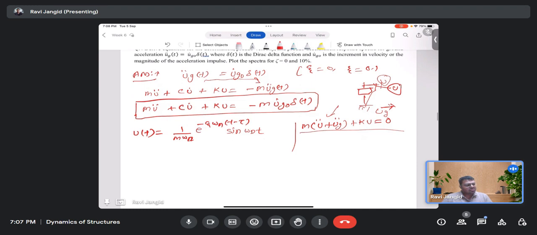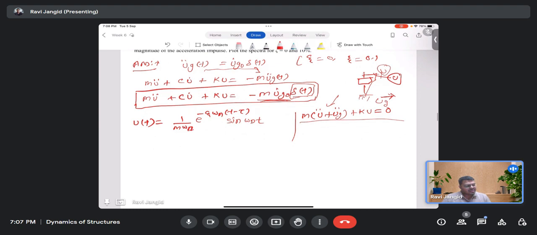Here we don't have the unit impulse delta function multiplied with this one. So I will replace it: the unit impulse delta t will become 1, so I is equal to m ug naught dot delta t, which becomes m ug naught dot.